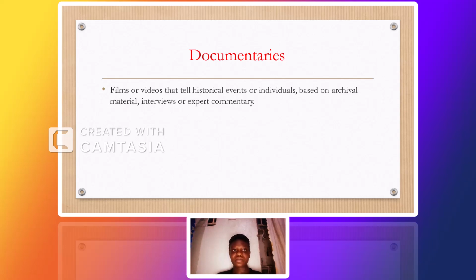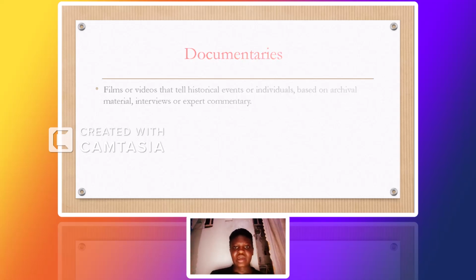For instance, documentaries of animals, or a video on a historical event, such as how people took over power. That's secondary because it is informing us. Since we are not seeing it by ourselves, it is a secondary source.